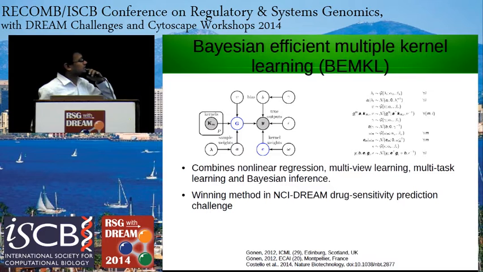There is an intermediate output variable called G, which is a low dimensional representation for each of the kernels. And we have the kernel weights, which are modeled to predict the outputs. This method combines nonlinear regression via the kernels, multi-view learning, where we can include many data sources, and multitask learning, which means that we are able to predict multiple outputs simultaneously.